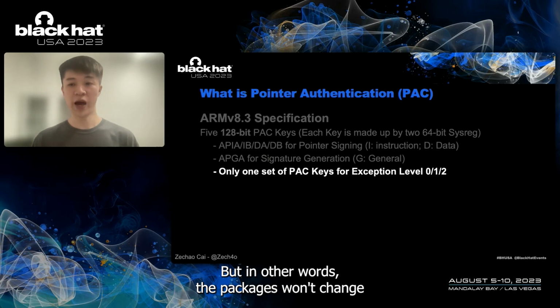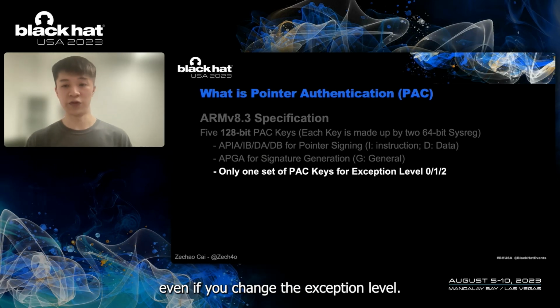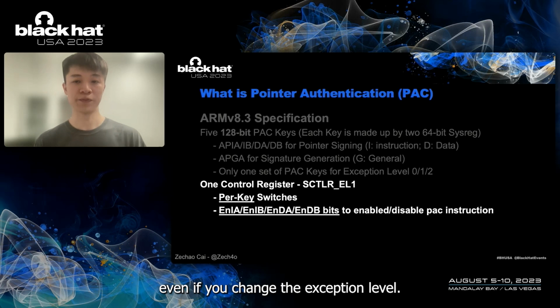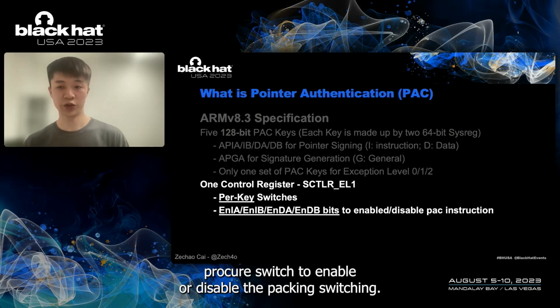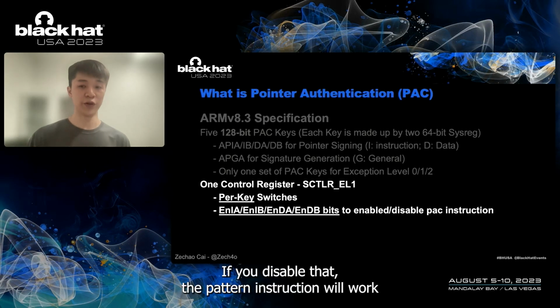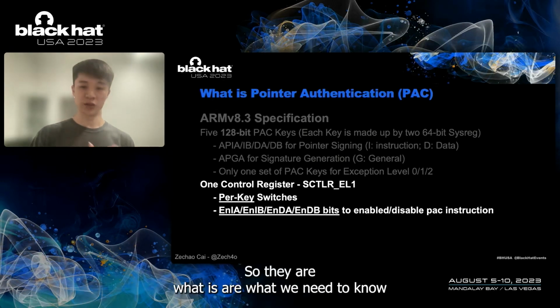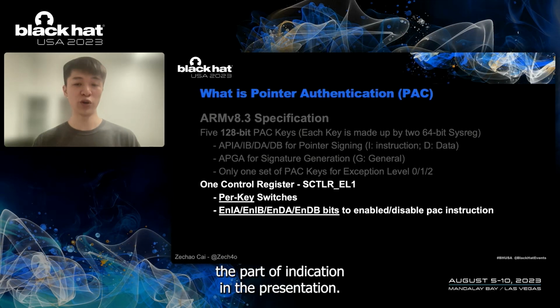In other words, the PAC keys won't change even if you change the exception level. Besides that, ARM provides a per-key switch to enable or disable the PAC instruction. If you disable it, the PAC instruction will work as a NOP instruction. So these are what we need to know about pointer authentication in the ARM specification.